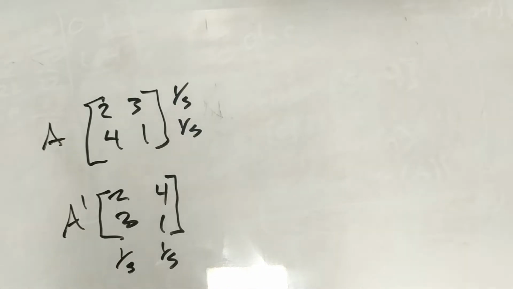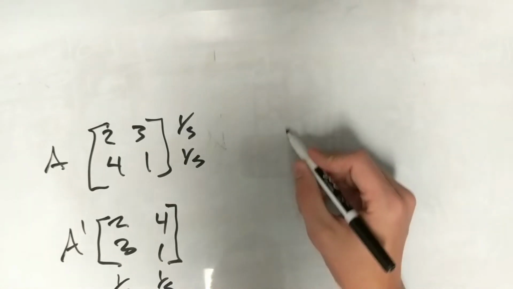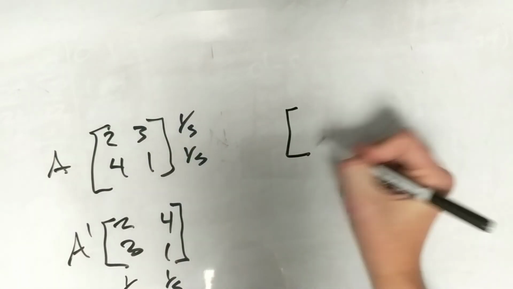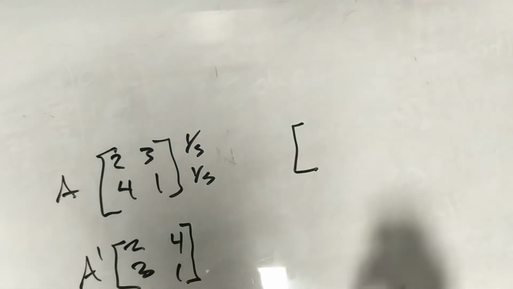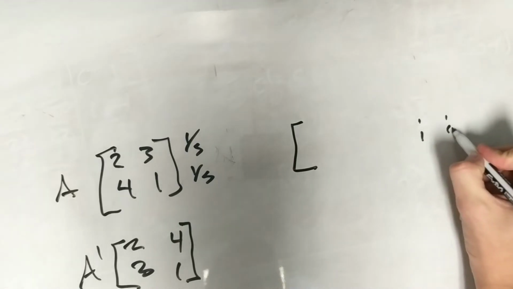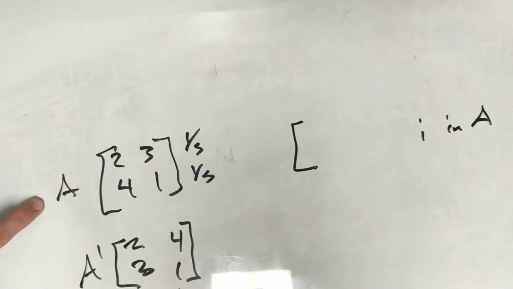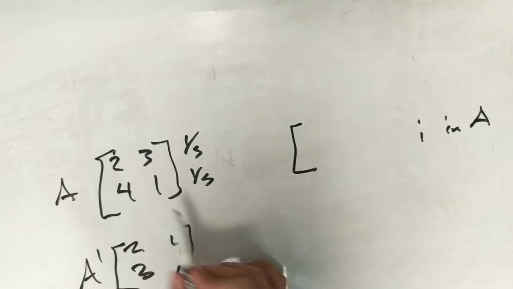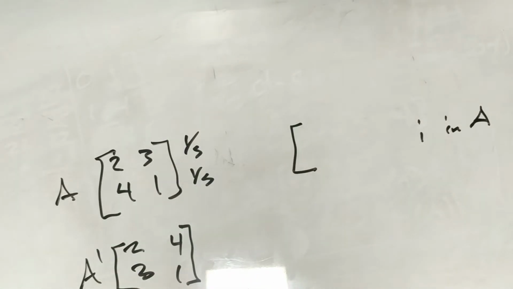So what I would do is, if you remember list comprehension, I would look at my row in A. So I will look at 2 and 3, and then 4 and 1.